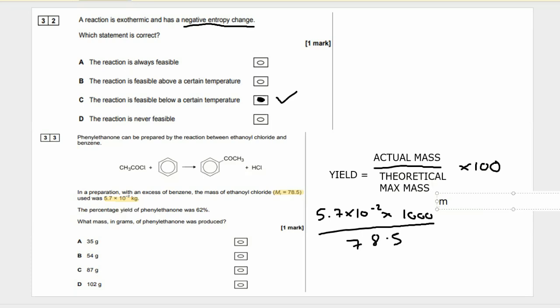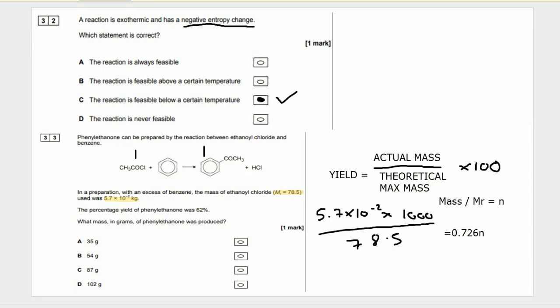And then we know, I think it's 0.726. It looks like it is. Blimey, I can't even read off my calculator. 0.726 moles. Now we've just worked out the moles of the reactant, but as it's a one-to-one reaction, we now know how many moles of phenylethanone we've got, 0.726 moles of phenylethanone.